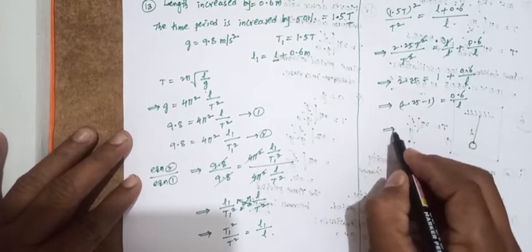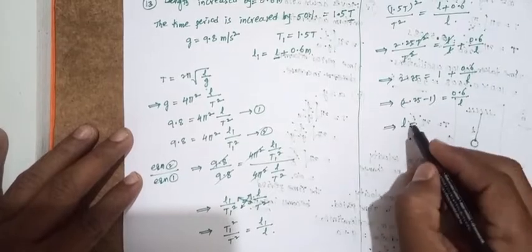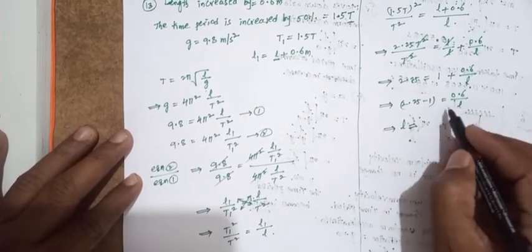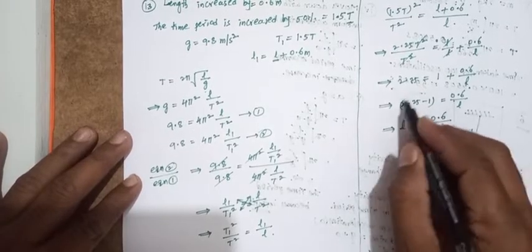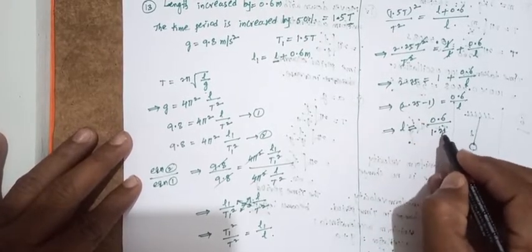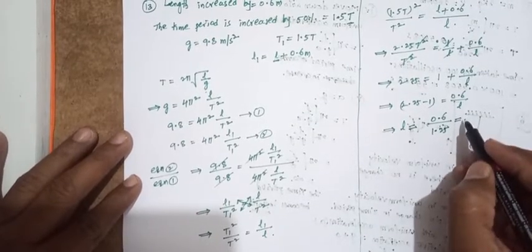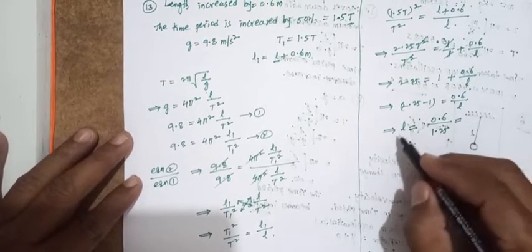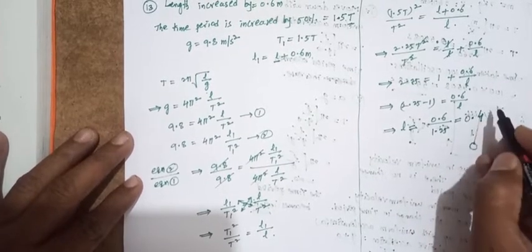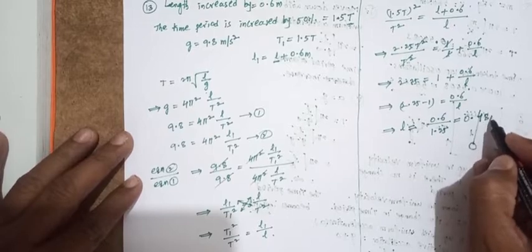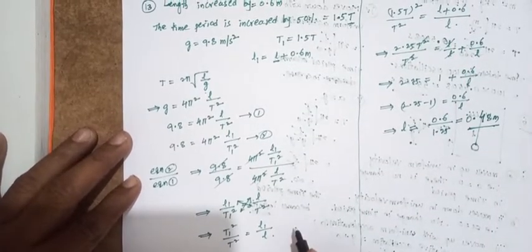So the initial length L equals 0.6 divided by the remaining 1.25, so the L value equals 0.48 meters. The initial length is 0.48 meters.